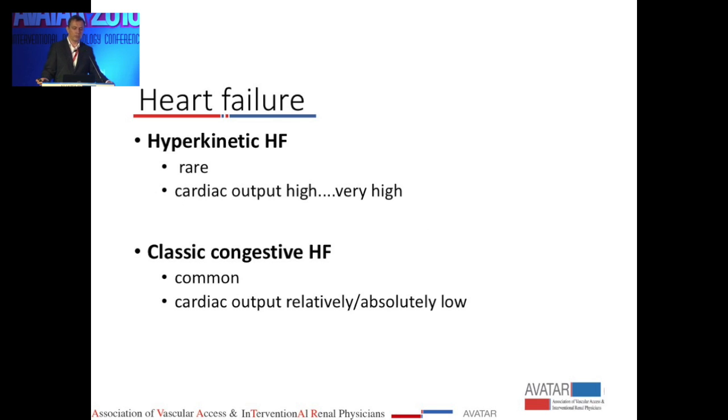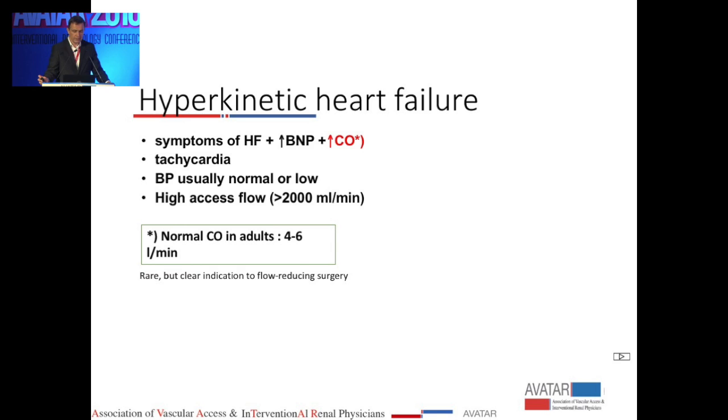In the dialysis population, we can meet two types of heart failure. It could be hyperkinetic heart failure, which is rare, and it is characterized by high cardiac output, or even very high, up to 10 liters per minute. Much more common is the classic congestive heart failure, when the cardiac output is relatively or absolutely low.